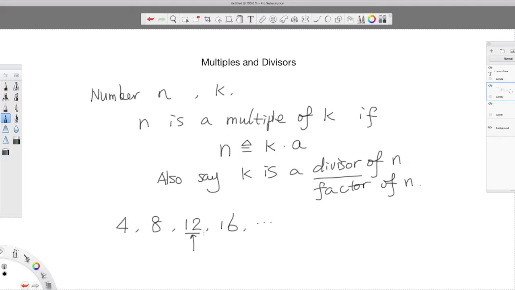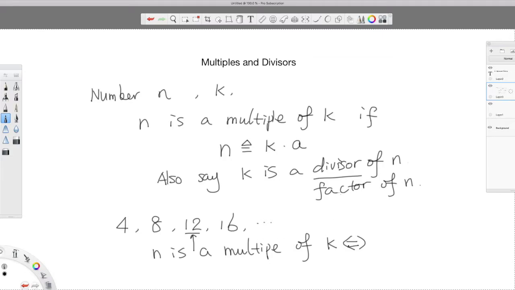Okay? And we also know that just from this definition, to verify n is a multiple of k, if and only if, when I take n and divide by k, and when we do the division, we know that there's a quotient and then there's a remainder, if you're only concerned about division in integers.